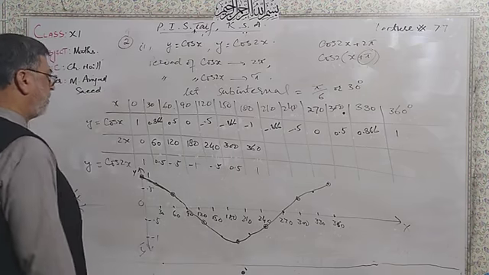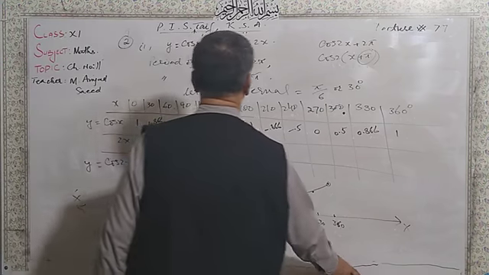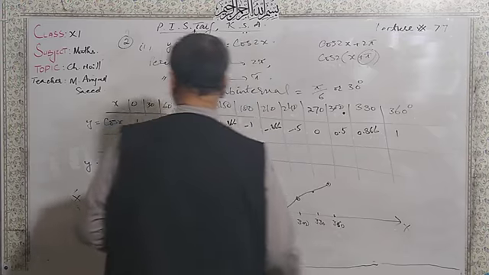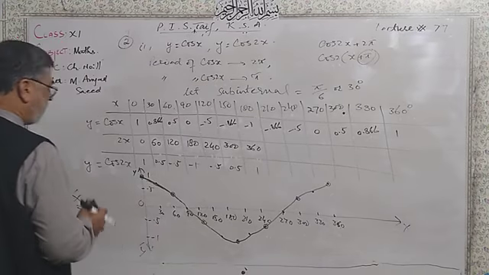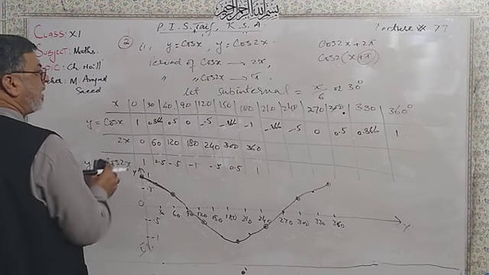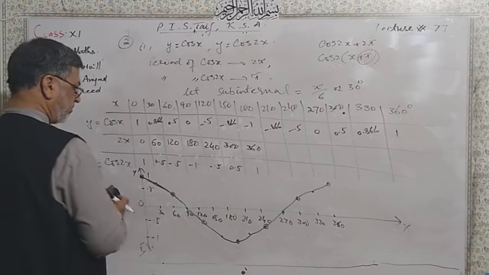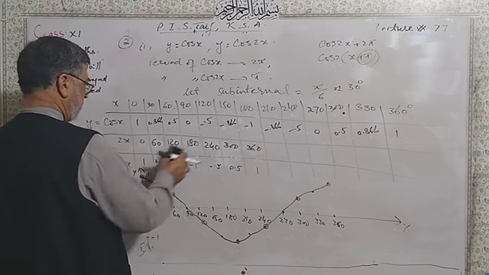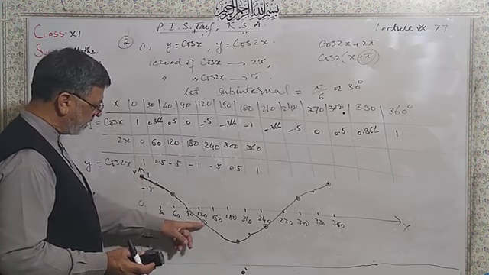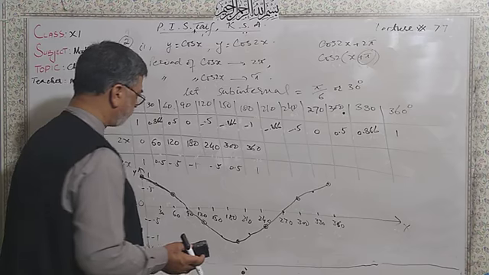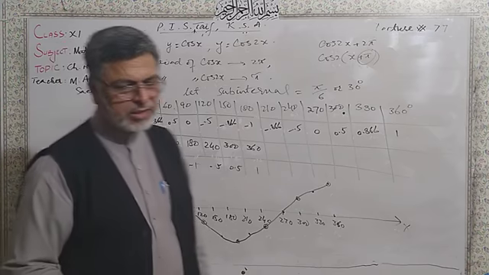And if we take cos 2x with pi interval, then we can have 0 to 180. If this is 0 to 180, this is 1, 0.5, minus 0.5 and minus 1 here. So the graph will overlap.